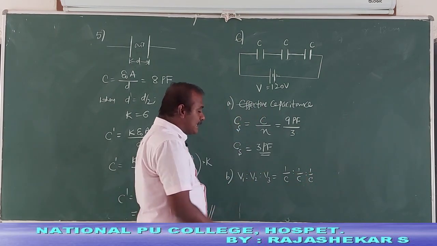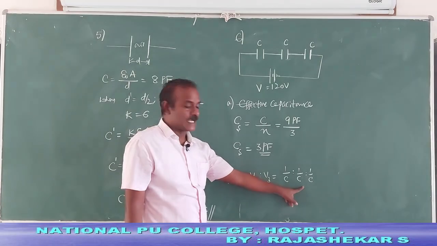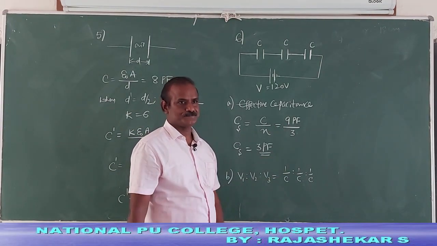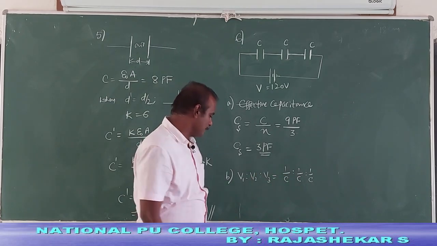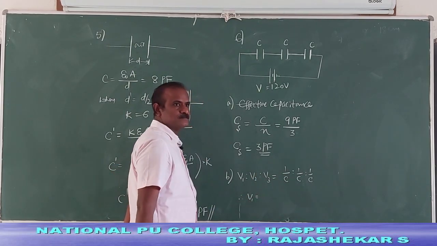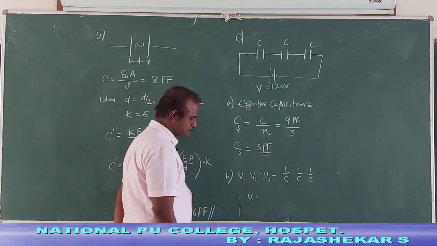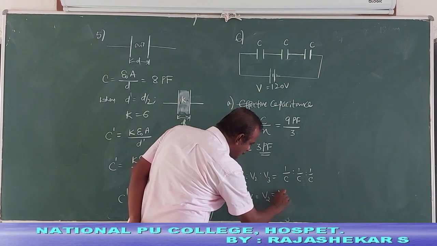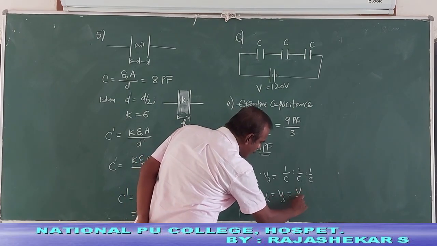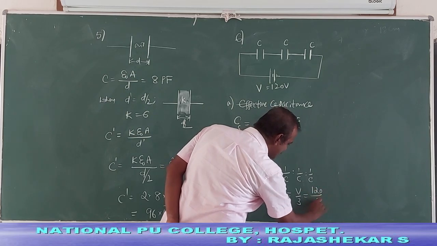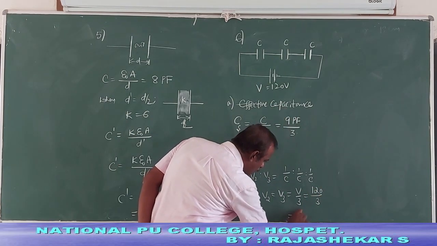Because they are identical. Therefore, it is 1 is to 1 is to 1 only. Therefore, V1 is equal to V2 is equal to V3 is equal to V divided by 3, which is equal to 120 by 3, which is equal to 40 volt.